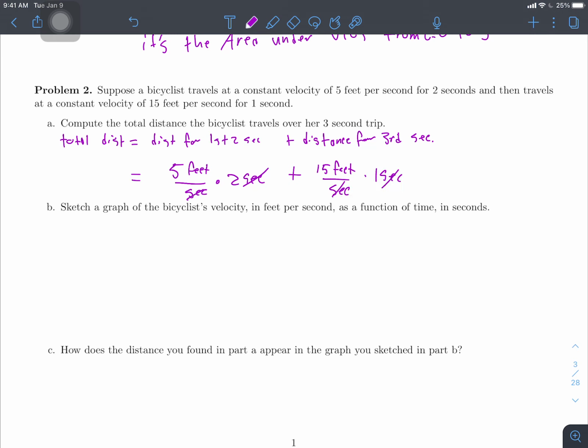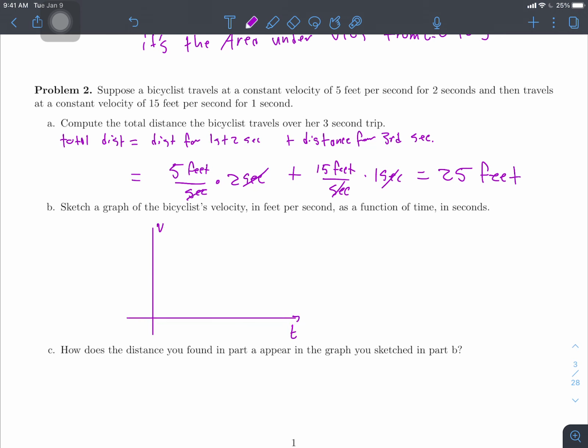We cancel the seconds, and all in all, we get 25 feet. Right? Because it's 10 feet over the first 2 seconds, and then 15 feet in the last second. All right? So let's draw another graph of the velocity and see how this is manifesting.